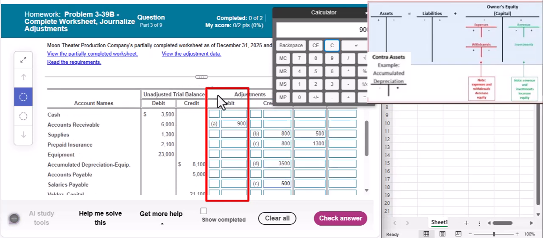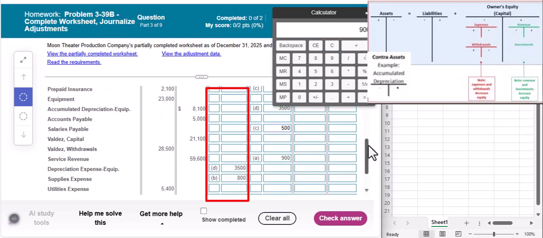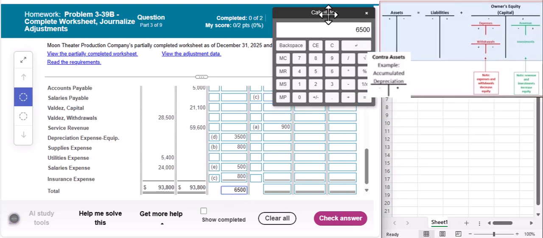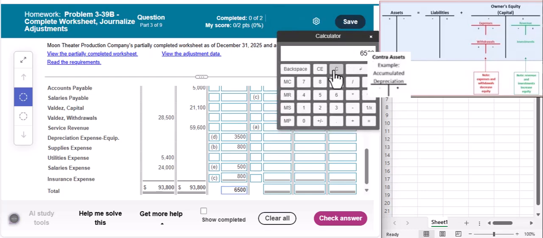So 900 for the debit side, and we're going to scroll down, and then we're going to add these up: 3,500, 800, 500, 800, and that gives us a total of 6,500. So if we did everything correctly, our credits will be the same. So let's go ahead and clear this out.